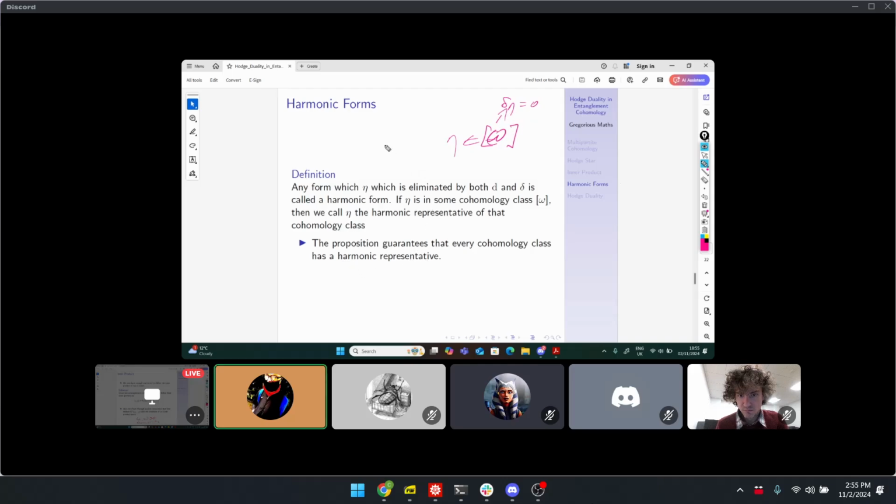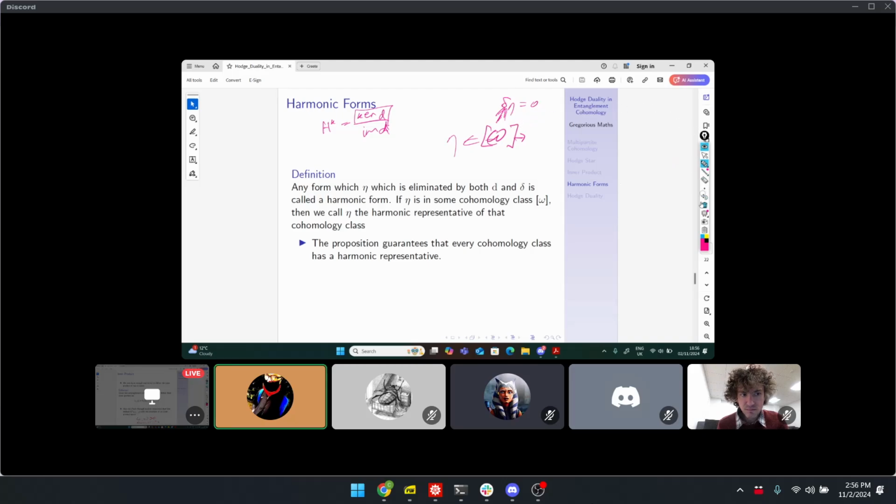Why harmonic? Well, remember that the cohomology is just the kernel of d mod the image of d. So every element in this cohomology class will be annihilated by d. So we've guaranteed that it has a harmonic representative.